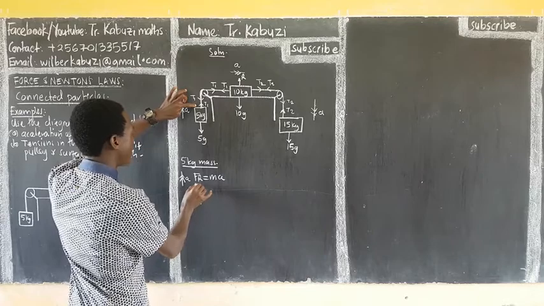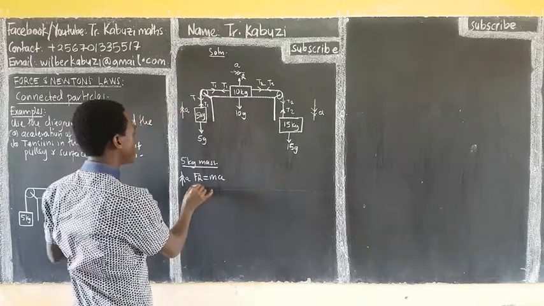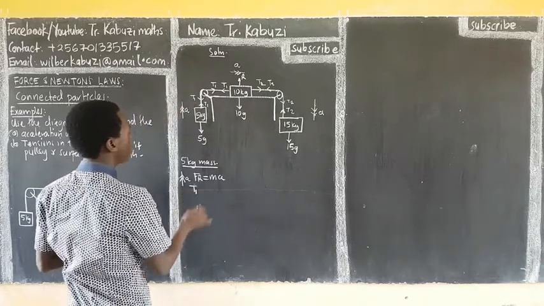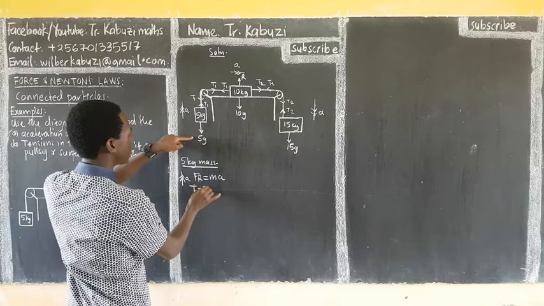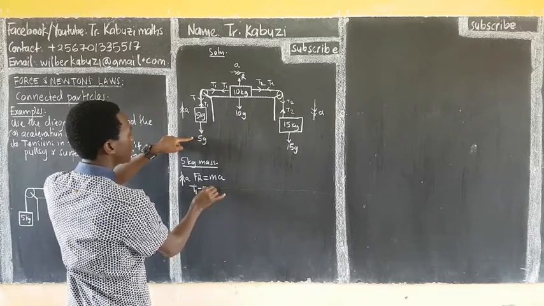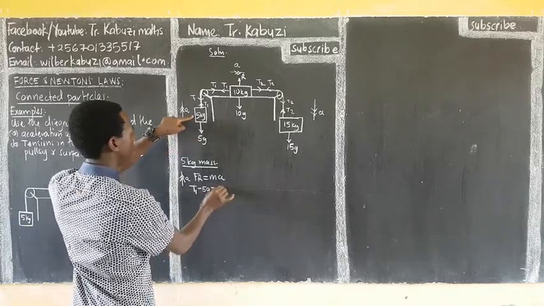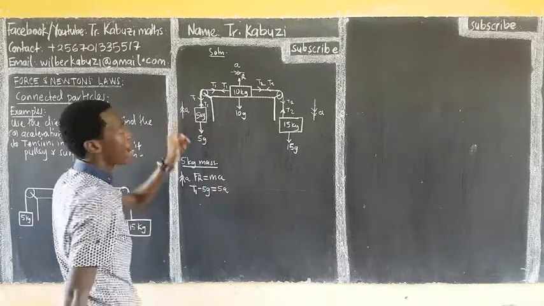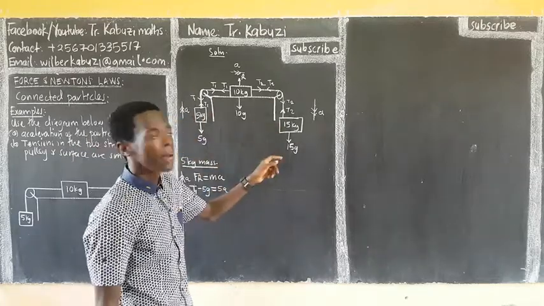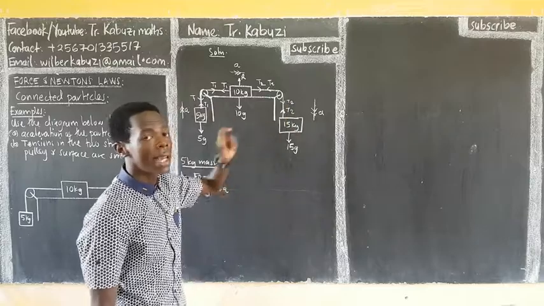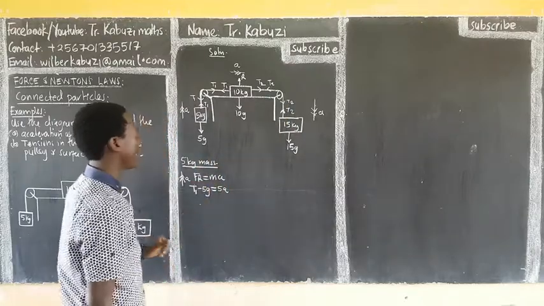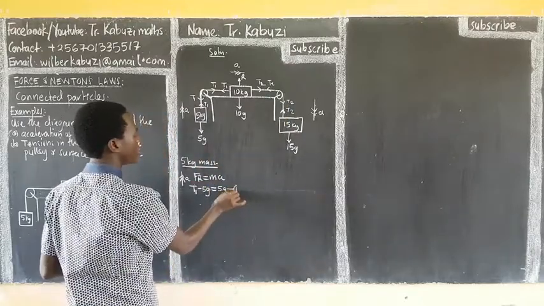So now what is pulling is T1, being opposed by this weight, equal to the mass, which is 5, times acceleration. Remember, acceleration is going to be the same, because these things are connected. So I call this equation 1.